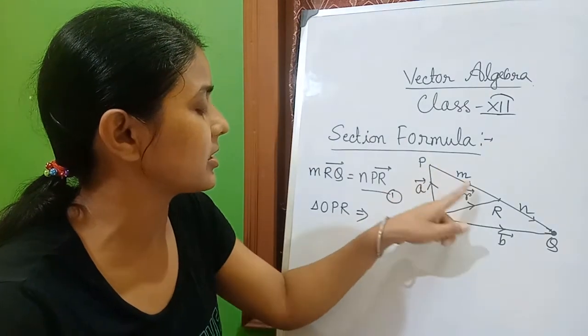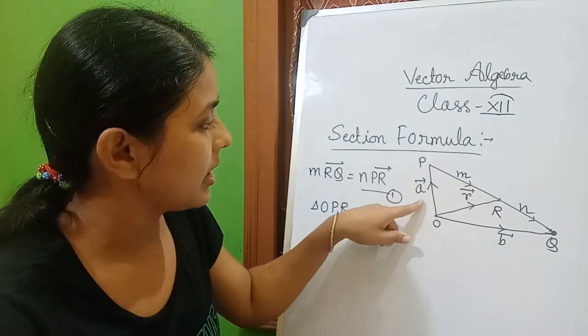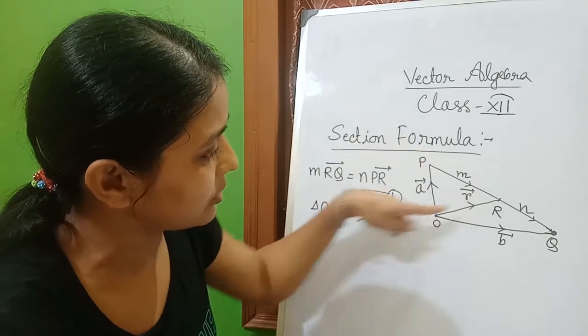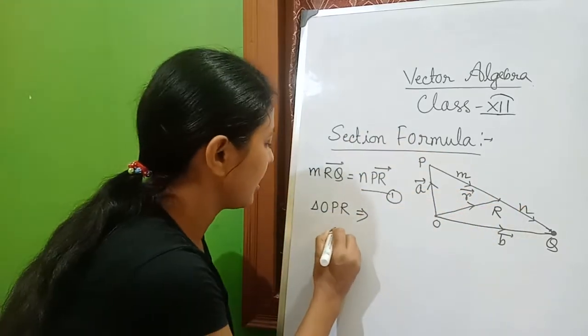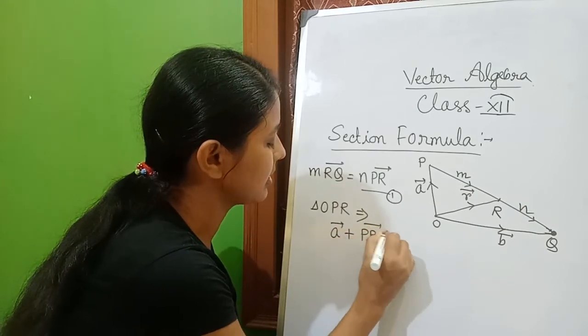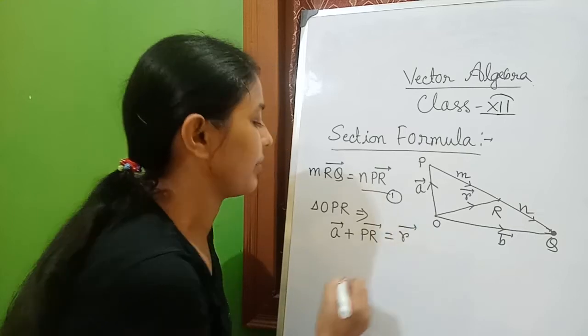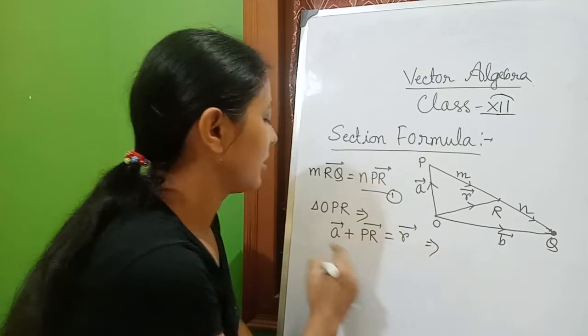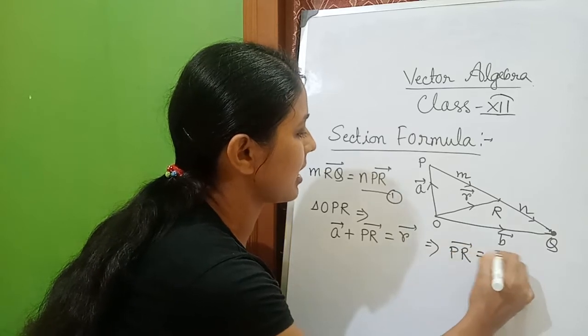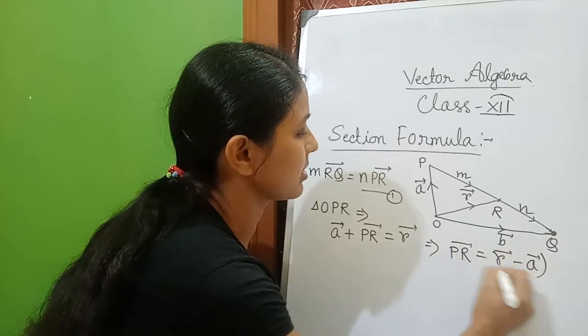The triangle law gives us A vector plus PR vector equals R vector. From this, we can write PR vector as R vector minus A vector, right?